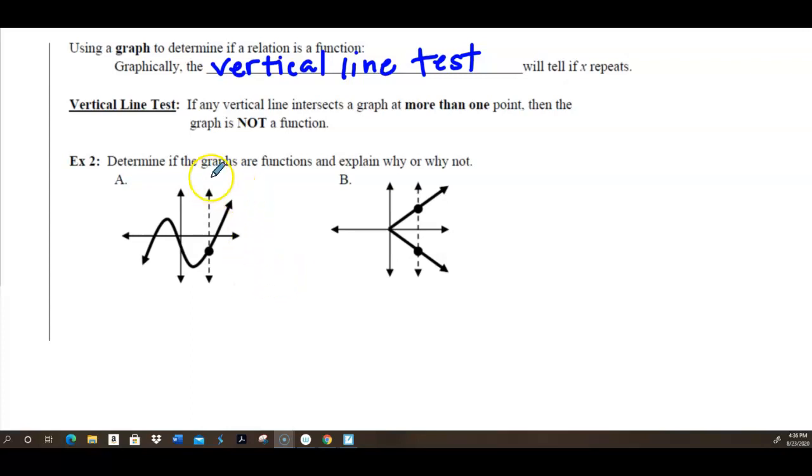We drew the vertical line and we noticed that it only intersected the function in one spot. So example 2a is yes, it is a function. Looking at example 2b, we draw a vertical line. It intersects the graph in two places. So example 2b is no, it is not a function.